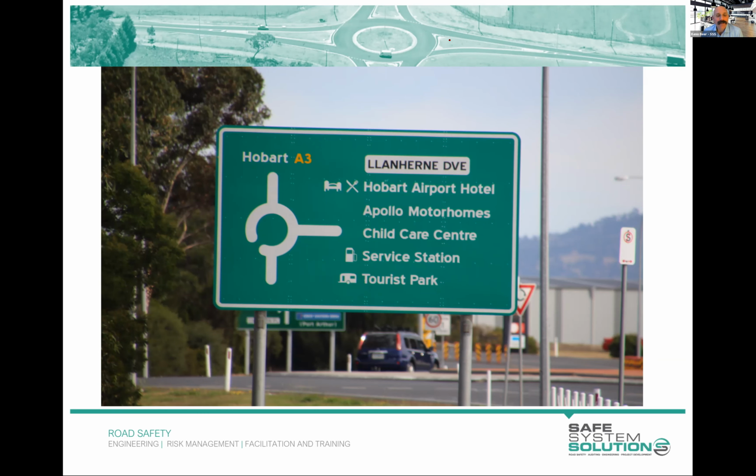So we've now got this spot where we've got a driver unfamiliar with roundabouts, who drives on the wrong side of the road, encountering a sign to help them guide around this roundabout, and obviously potentially have some trouble.